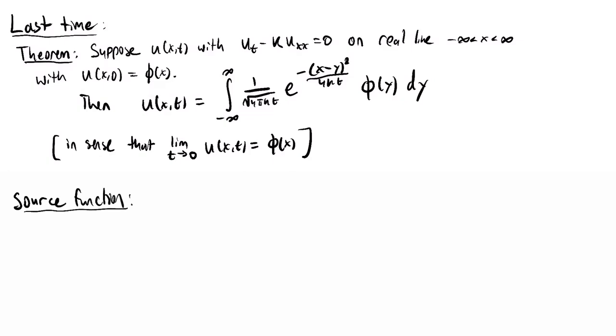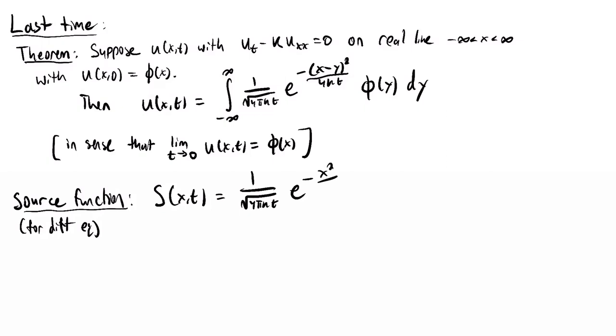I'm going to use the letter S for source. And so the source function for the diffusion equation is this exponential function multiplied by this other factor. So it's 1 over the square root term times e to the minus x squared over 4kt.